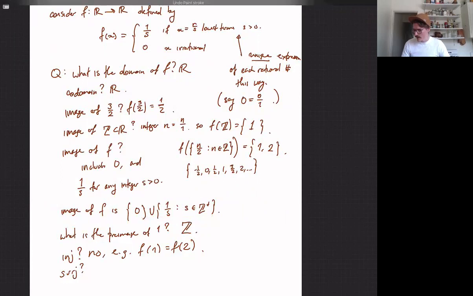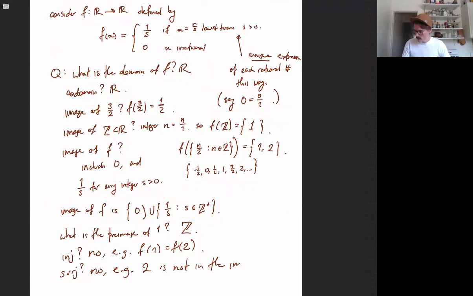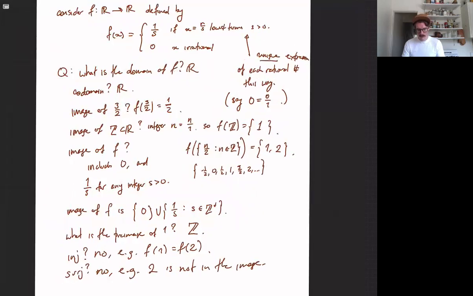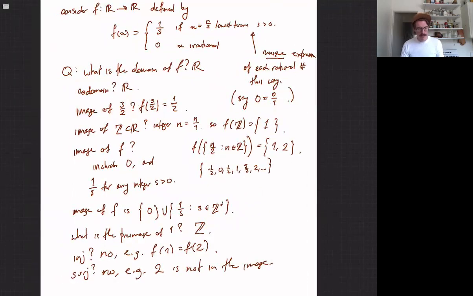What is an example of something that is not in that set? For example, 2 is not in the image. So here's a nice quick review of all the kinds of things we can ask about functions.